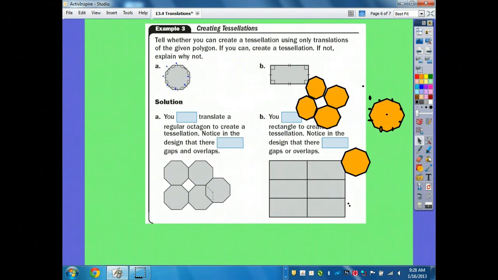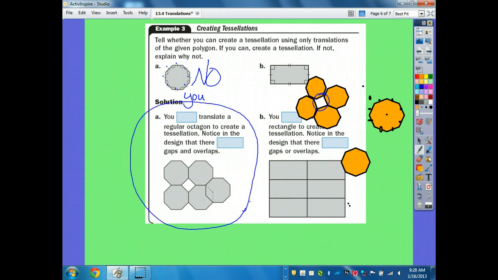Oh man, am I able to tessellate that octagon? Why not? There's a gap in the middle. Because of that gap. We cannot have a gap in the middle. So this is no. And why not? The reason being, well, I guess that's what they give us this down here for. I just like to play with my little pictures and all the colors. That was way more fun moving them around. Down here they show us you can't tessellate a regular octagon to create a tessellation.